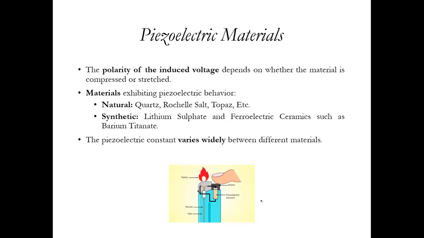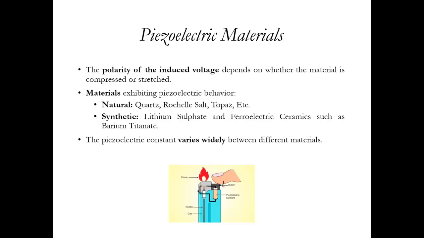So one basic example of a piezoelectric application is a small lighter that we use in day-to-day life for lighting gas stoves and other things. We have a piezoelectric element, and then we press it.